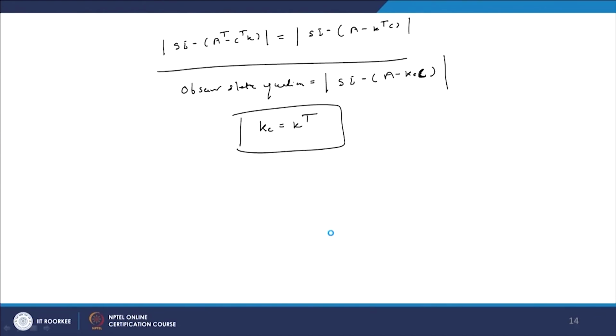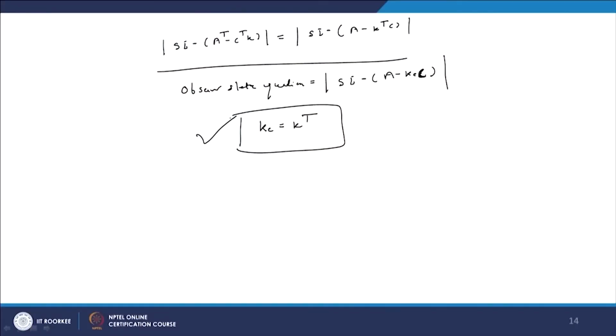Our actual observer equation is sI minus A minus KeC, so if you compare, we get Ke equal to K transpose. It means that we have to determine K by the actual pole placement technique, and once we get K, we make it K transpose, and we will get the Ke matrix.